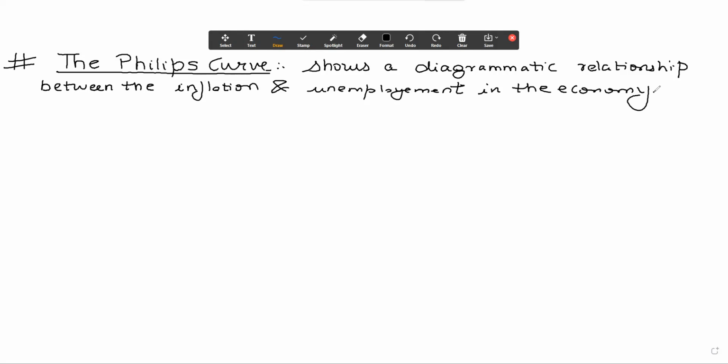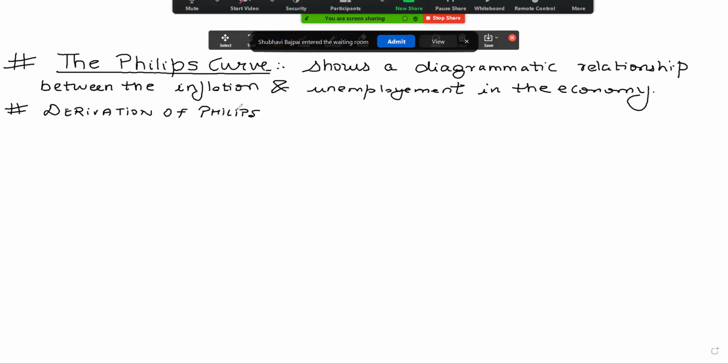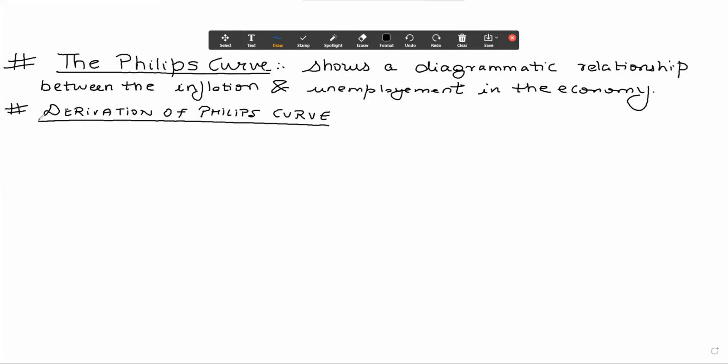So let's mathematically derive the Phillips curve. Derivation of the Phillips curve.